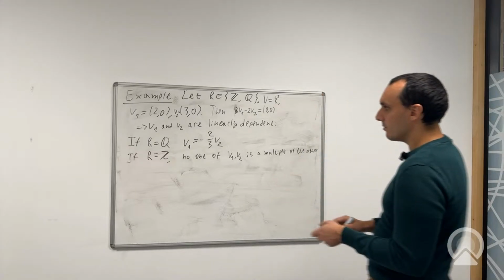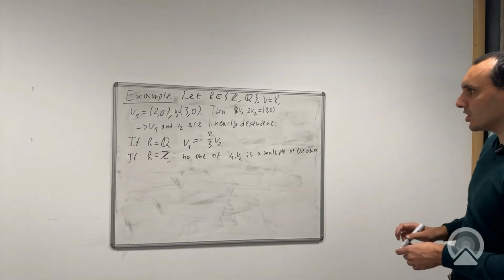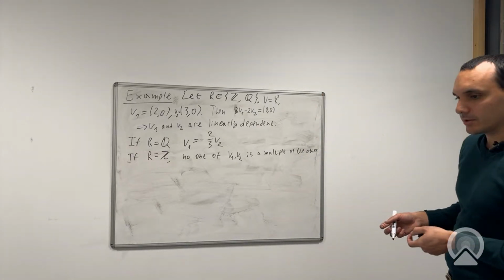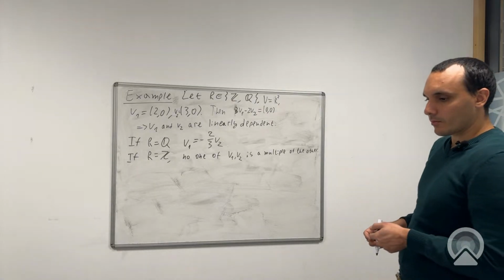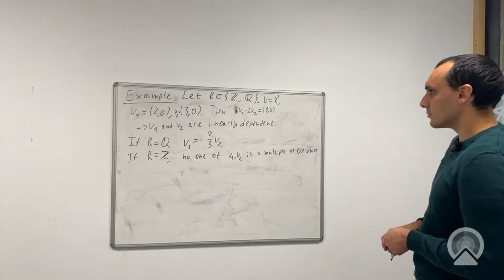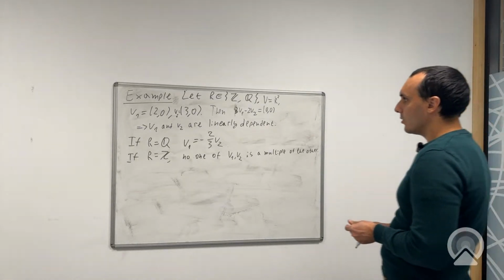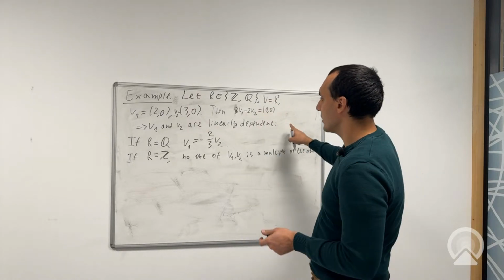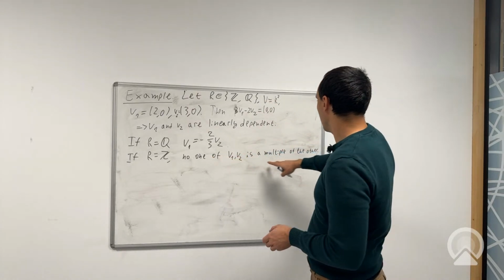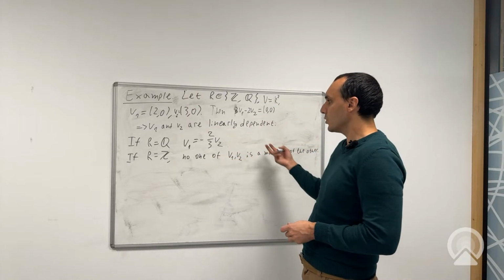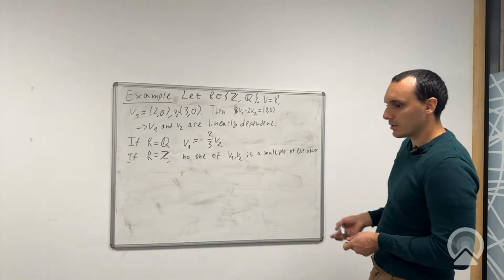And this, in fact, is a general feature. In general, if the ring is not a field, a vector might not be representable as a linear combination of the others.